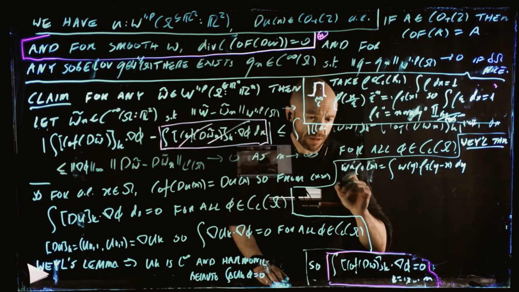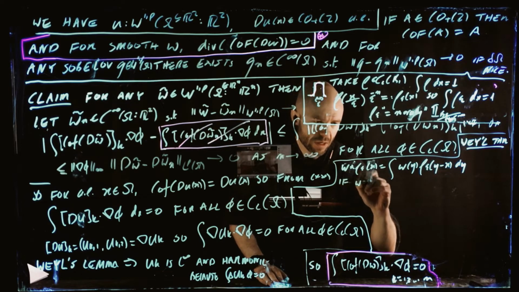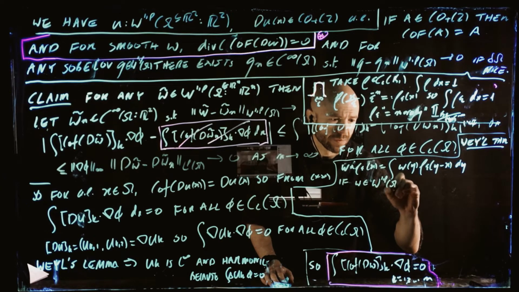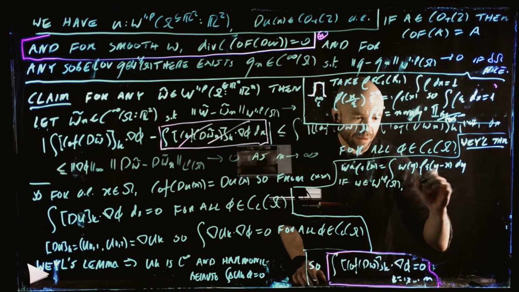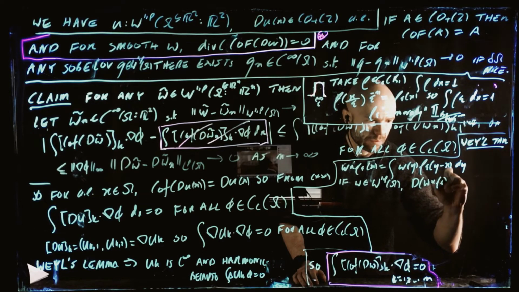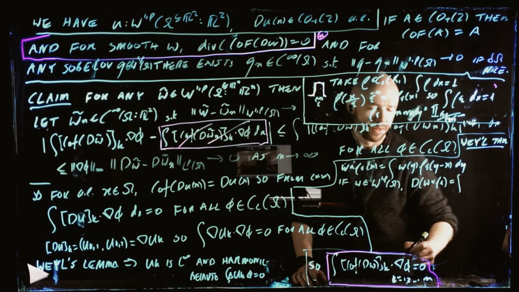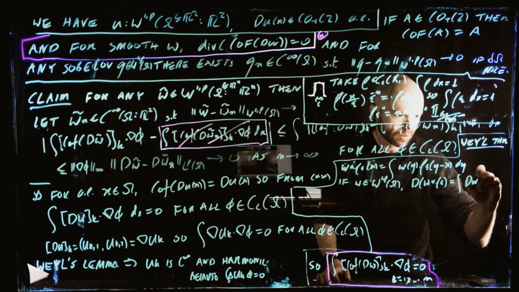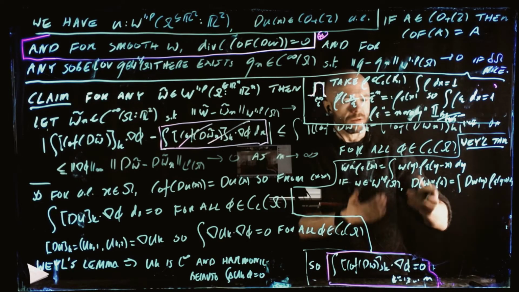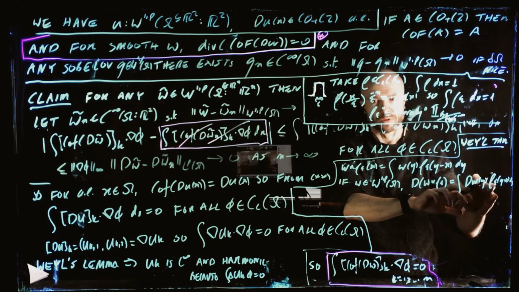So if w belongs to W^{1,p} of omega, then the gradient of this thing will, after an integration by parts, be the same as this thing. So the gradient will actually be the average of the gradient as well.